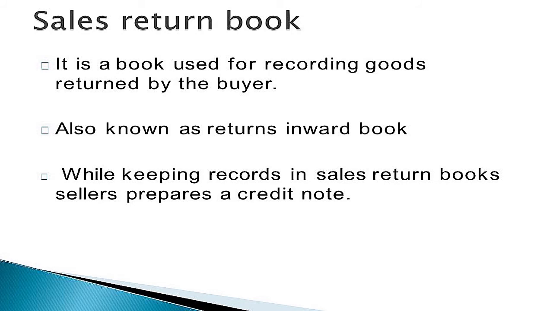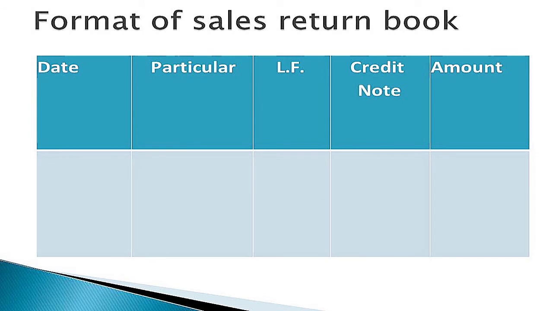The customers who bought goods from us on credit basis return goods to us, and those returns are called returns inwards. Returns inwards were recorded in sales returns book. Okay, format is same.